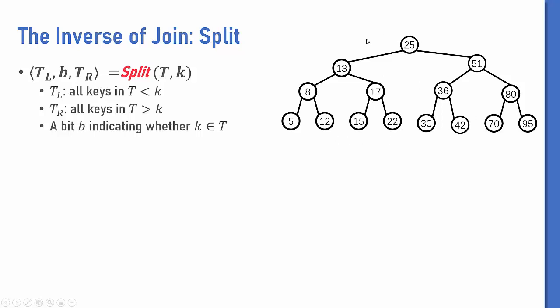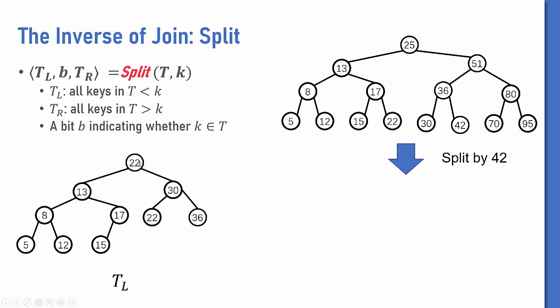For example, if we have a tree like this and we want to split it by key 42, the output TL may look like this, TR may look like this, and they should both be valid and balanced. And because 42 can be found in the input tree, the return flag B is true.